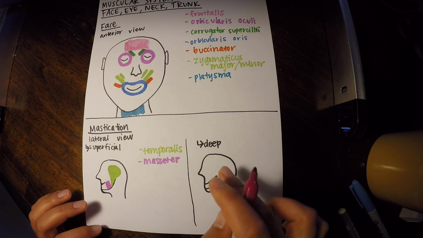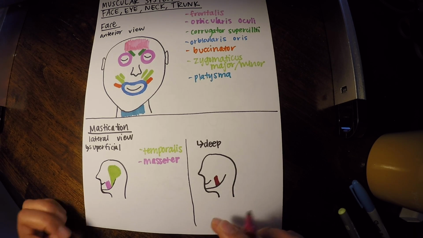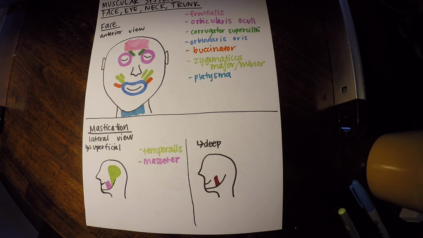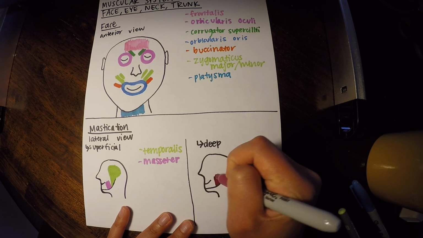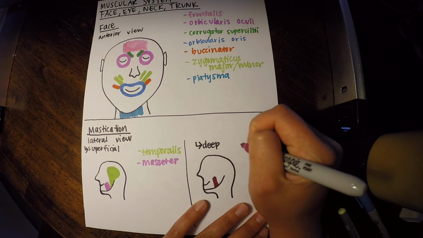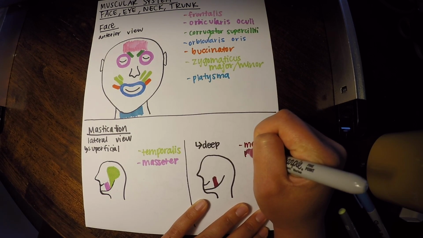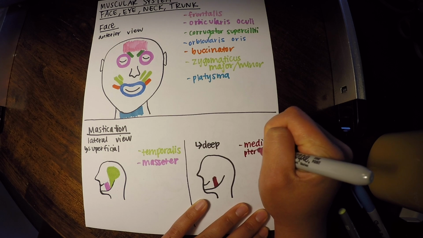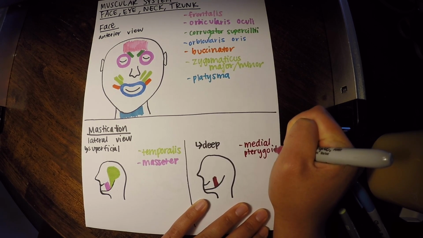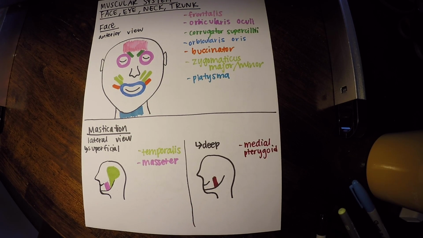And the sphenoid bone is deeper in the skull, so these muscles have to be deeper because they attach to that deep bone, or the deep component of that bone, within the skull. So we have our medial pterygoid, and then we also have our lateral pterygoid.